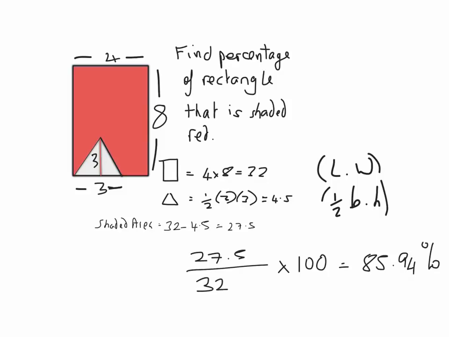So again, remember that we're trying to get the red shaded region as a percentage of the whole rectangle. That means we're going to have to put the area of the whole rectangle underneath the 27.5. This lets us know what fraction of the whole rectangle is shaded red. And then if we multiply by 100, we get the percentage of the whole rectangle that is shaded red.